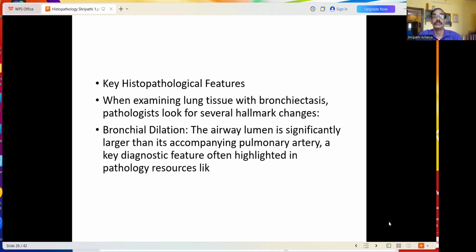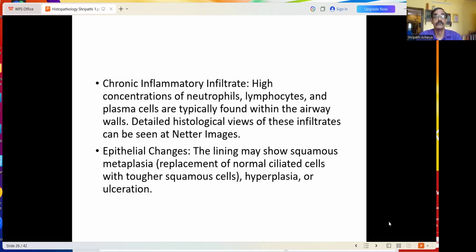Bronchial dilation. The airway lumen is significantly larger than its accompanying pulmonary artery, a key diagnostic feature often highlighted in pathology resources. Chronic inflammatory infiltrate. High concentrations of neutrophils, lymphocytes, and plasma cells are typically found within the airway walls.